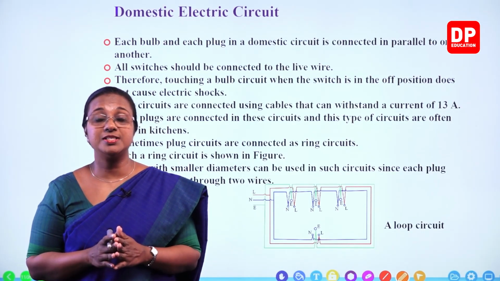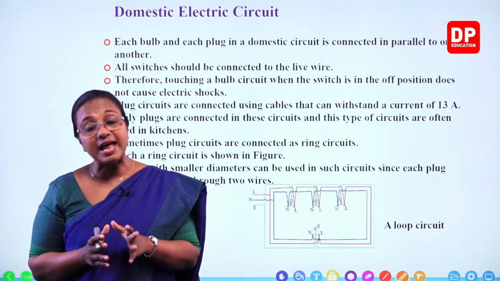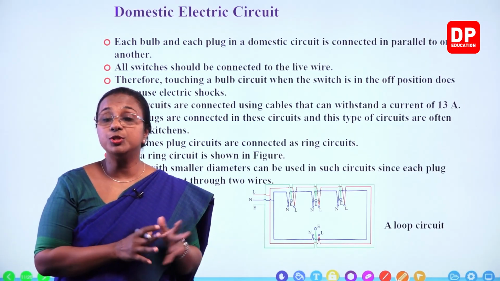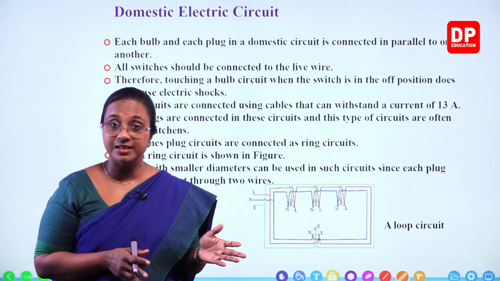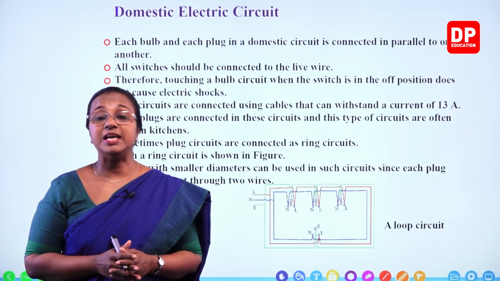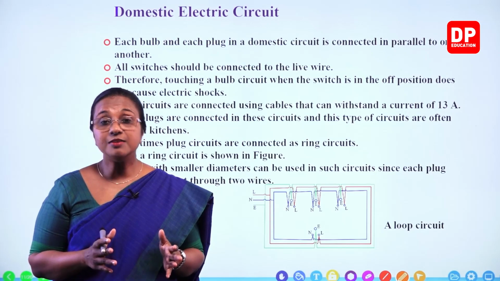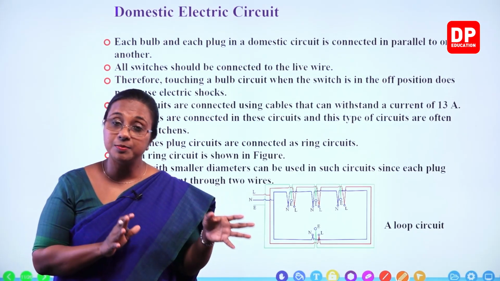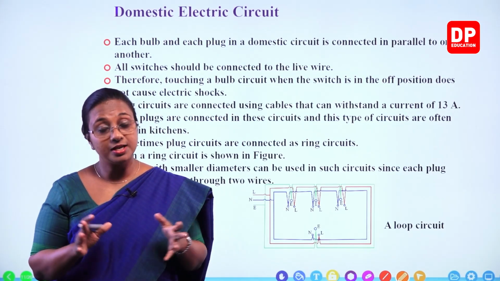Those two components, the overload circuit breaker and the electricity meter, both belong to the service provider. Then we have the isolator, the main switch with the main fuse. Starting from the isolator, all the components belong to the consumer.